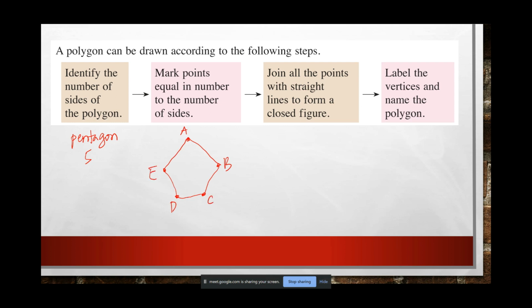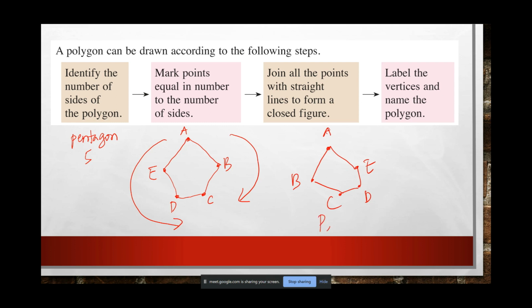For example, you can also label it this way, which is anti-clockwise. As long as everything is enclosed and you label it, and name the polygon. Again, this is a pentagon. Simple, right?